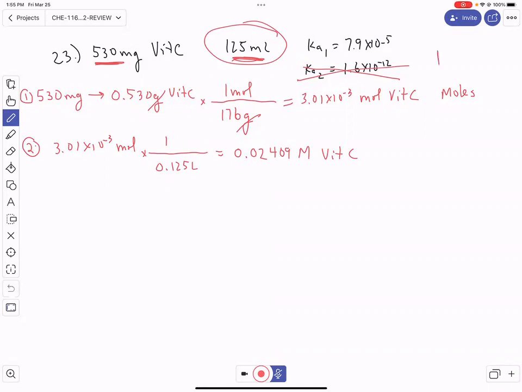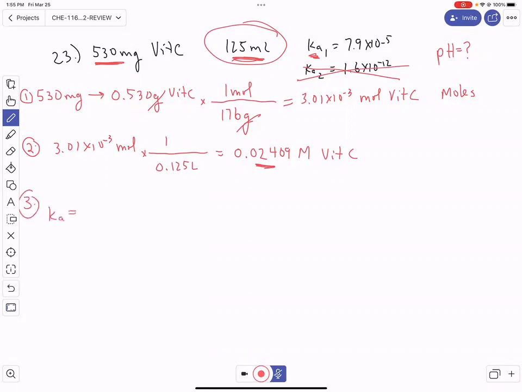Now, right, we're asked to find the pH of this solution. So now this is like any weak acid question where I have Ka, I have my concentration, and I'm asked to find pH. So to find the pH, we need to find hydronium.